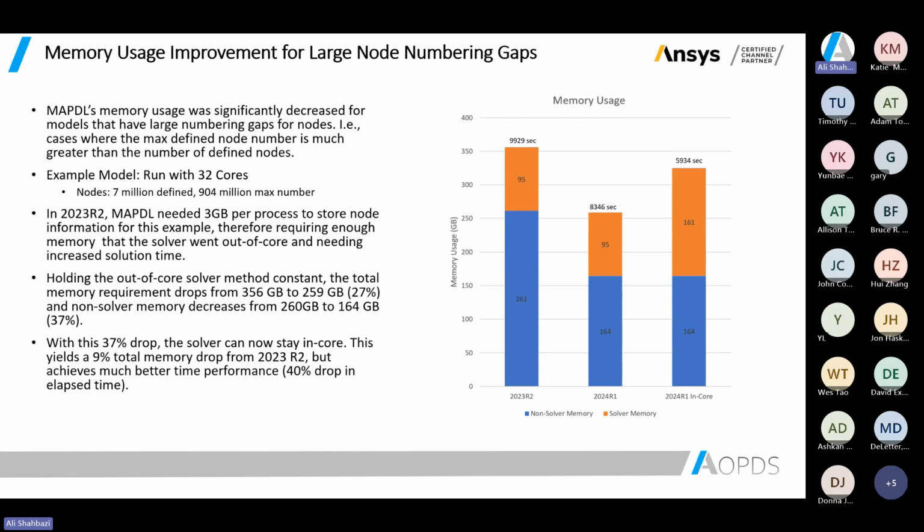The next interesting updates that Ansys has is memory usage improvement for large node numbering gaps. So MAPDL, mechanical APDL, memory usage was significantly decreased for models that have large number of gaps for nodes, in cases where the max defined node number is much greater than the number of defined nodes.